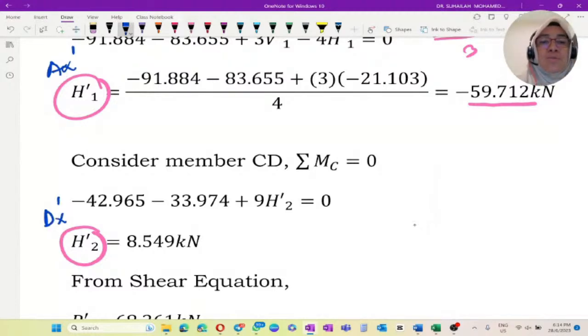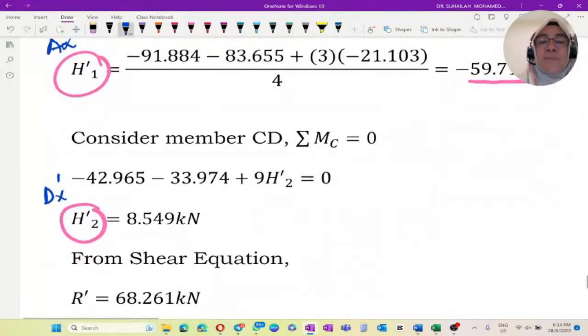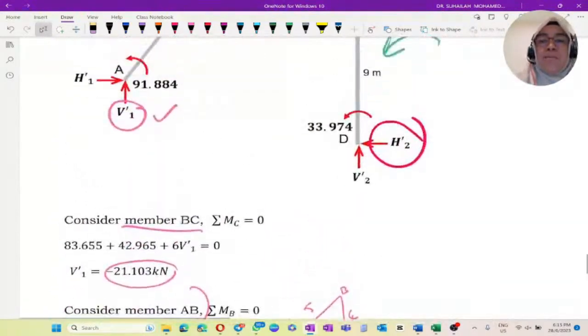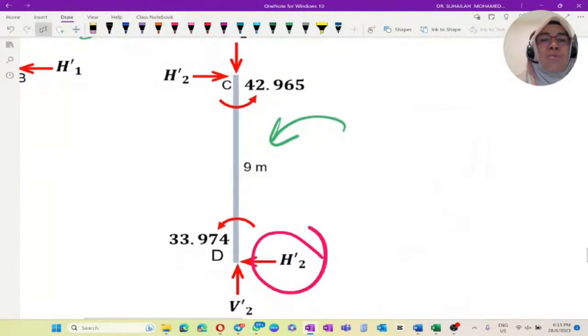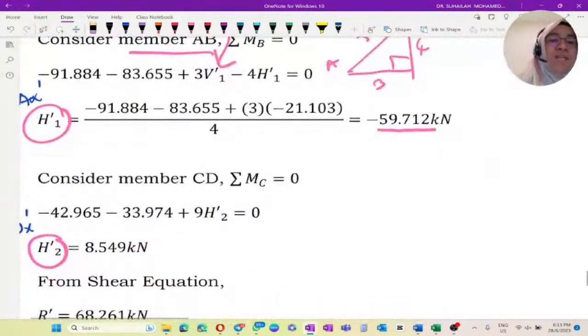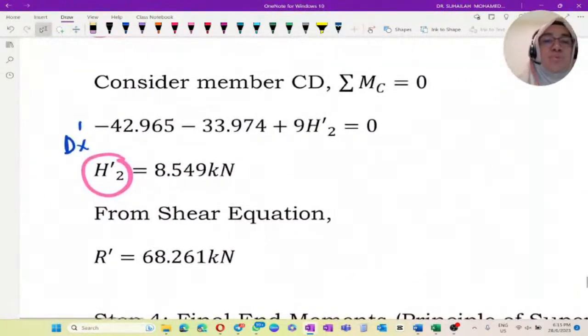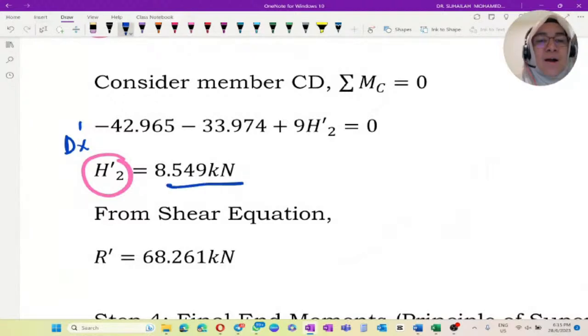To calculate DX prime or H2 prime, we just need to consider member CD, and by taking moment at C, from static equilibrium, we get H2 equivalent to 8.549 kilonewton.